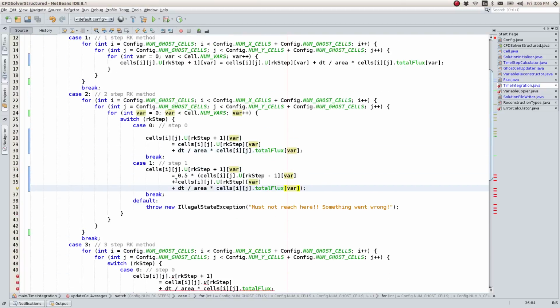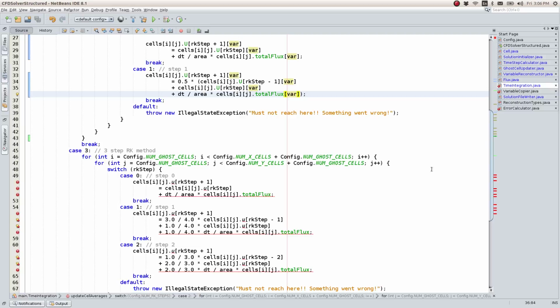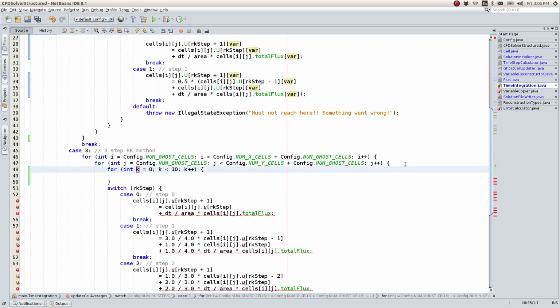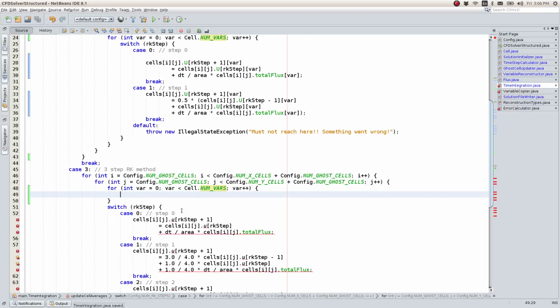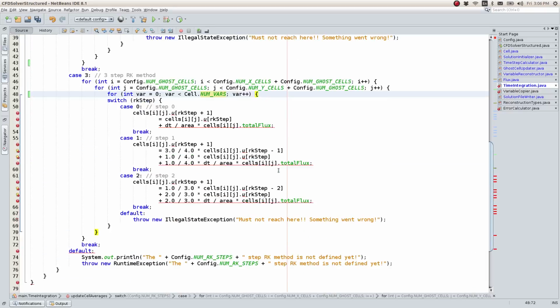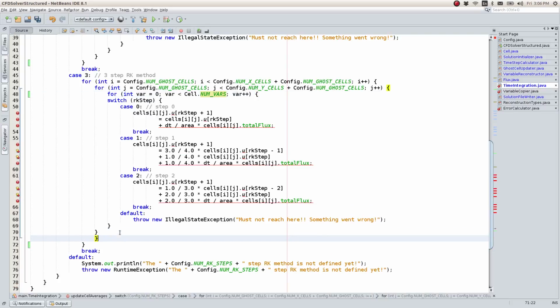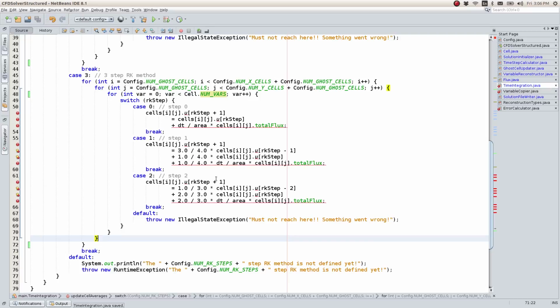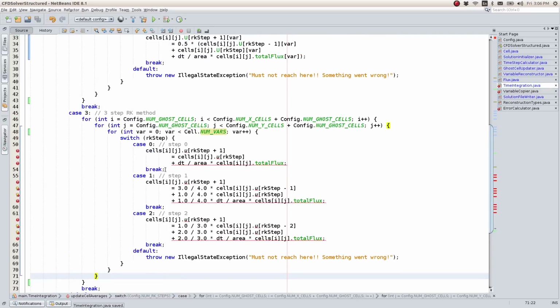And now the final case. This is a 3-case scenario. So I think I can just, before the switch, I'll go through the variables. So this is done.